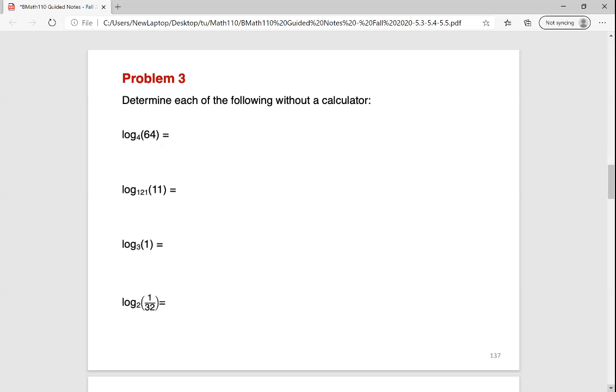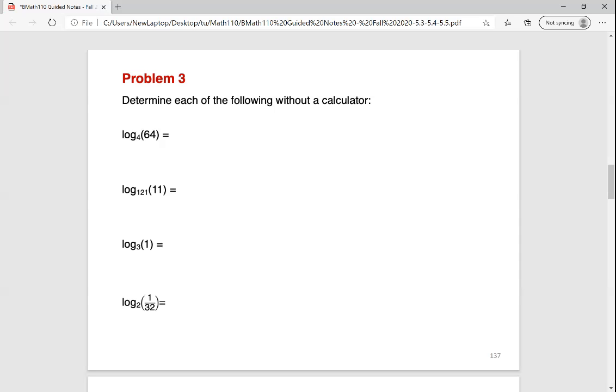But the second method, called the definition method, also works for you in some cases if you cannot make it to be the same base easily. So you can do whichever one you see is easier.